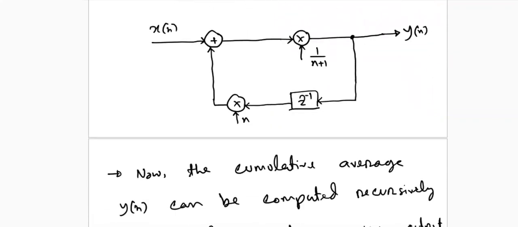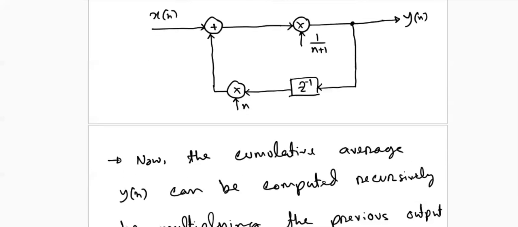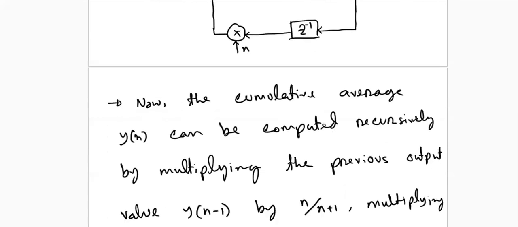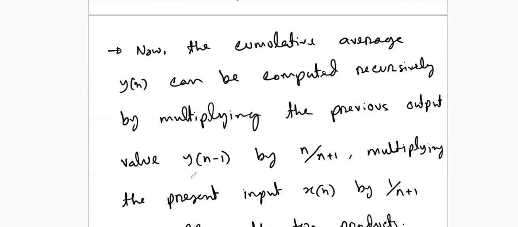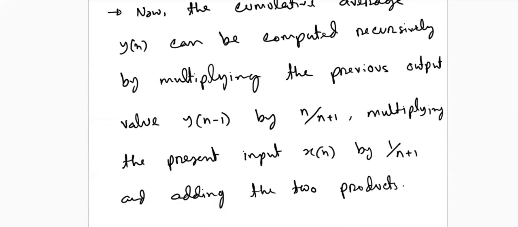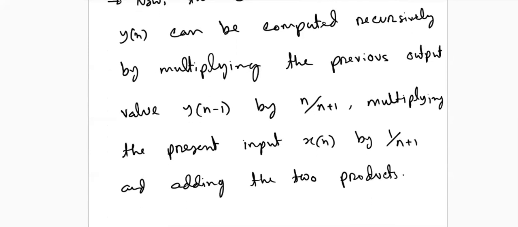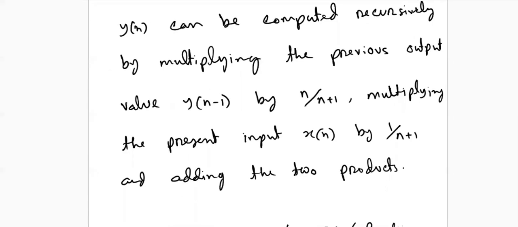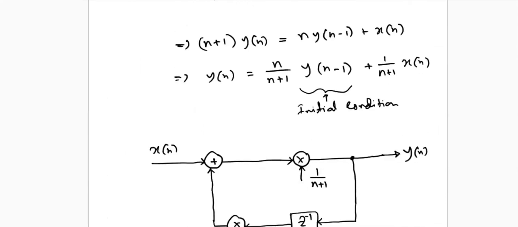Now, what we can see here, we need a very convenient computation process. Now the cumulative average yn can be computed recursively by multiplying the previous output value y n minus 1 by n divided by n plus 1, multiplying the present input by 1 divided by n plus 1, and adding the two products, which actually represent this equation.